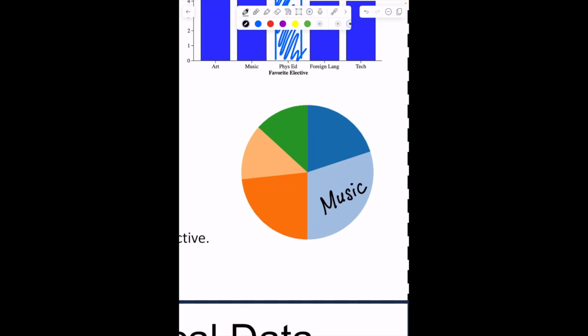The second biggest section should be PE. So this would be PE here. This one is going to be art.